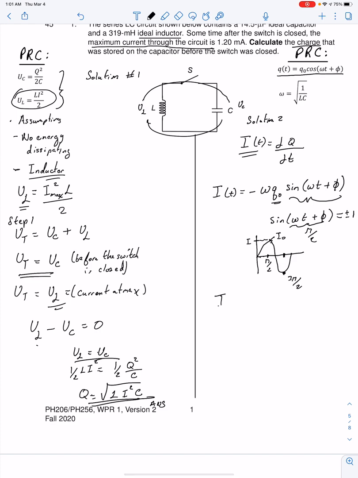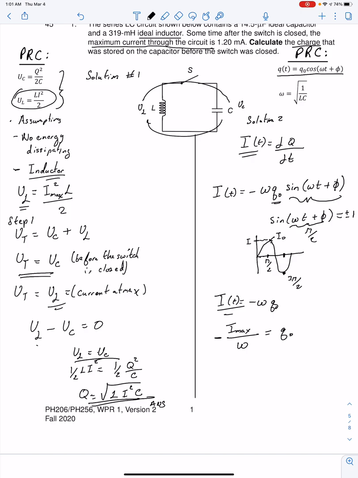Therefore, we have I of t equals negative angular frequency times charge. And since this point is I max, I max over angular frequency equals the charge.